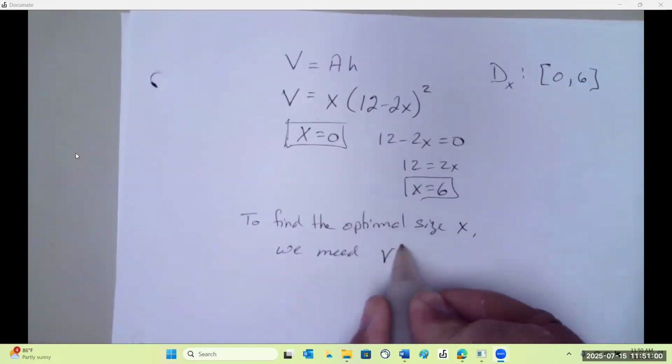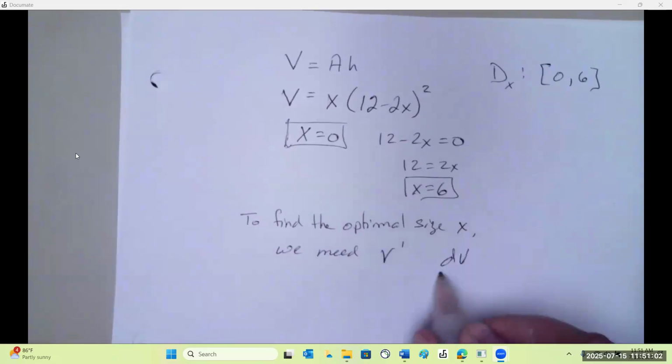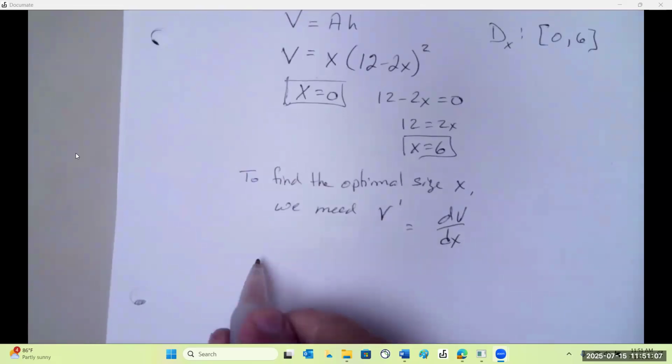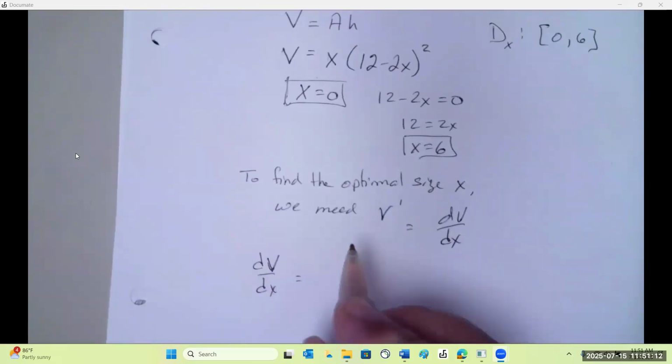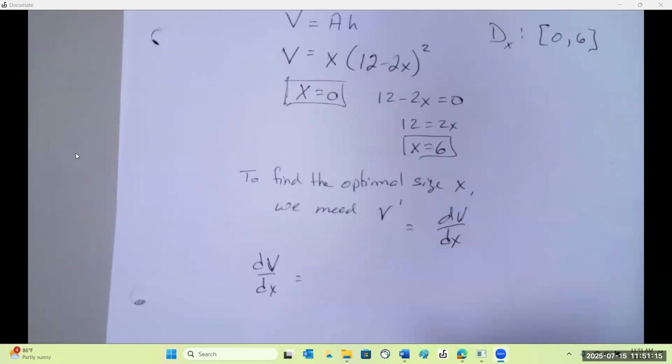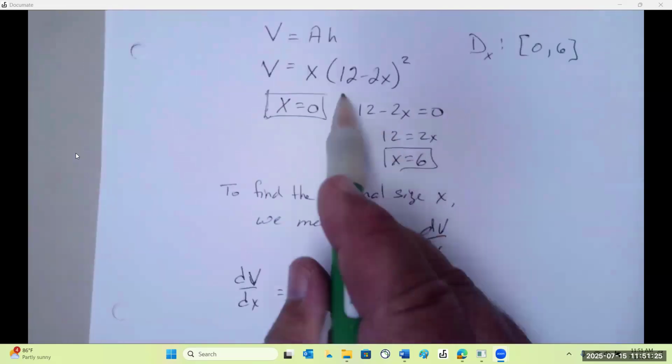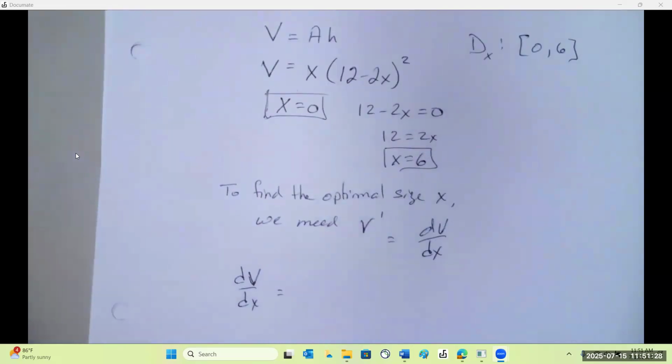We need V prime or dV/dx. So dV/dx. We have a couple ways we can do it. We can either try to do the product rule and simplify it, or we can go ahead and multiply these out and get a cubic equation and take each term separately. We get the same answer both ways. Which way do you think is going to be less work?